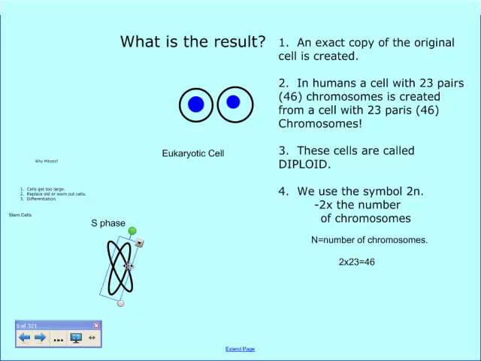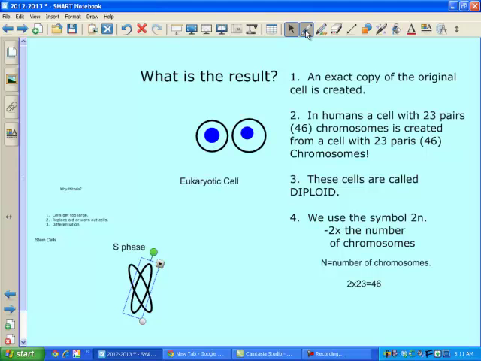If I were to draw it here, it would look something like this, and then like that. It's just because they're twisted, and then you have that thing in the middle called the centromere that holds them together. That is still one chromosome, but it has been copied, and in the other video we showed that these are called sister chromatids.